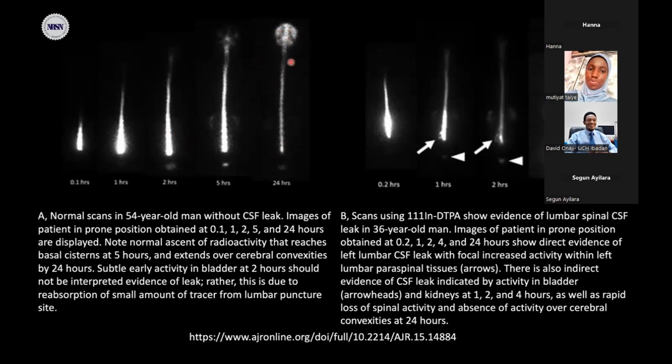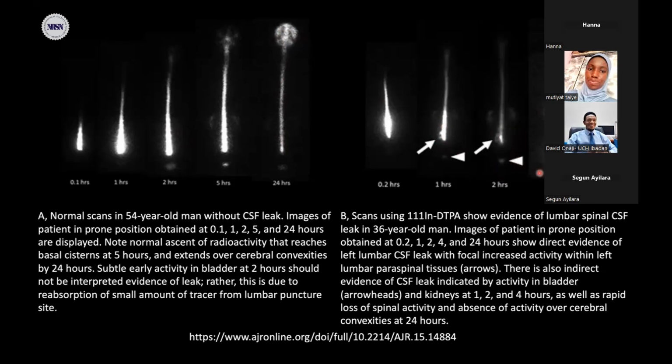In the patient that is leaking, that's the image on our right, we see that there's early extravasation of the radioactive substance into the paraspinal soft tissues here. So it's extending beyond the confines of the subarachnoid region.